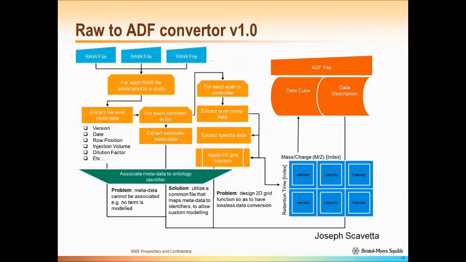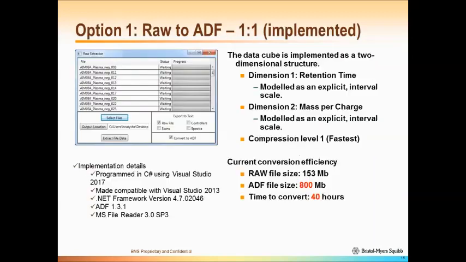What we cannot match, we call unknown and preserve in a special file so we can match it in the future. Now, the question of how do we model this humongous array of mass to charge ratios and different retention times. And this is our first implementation, and the source code, I think, would be available.